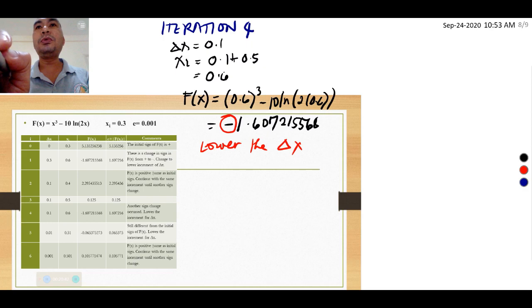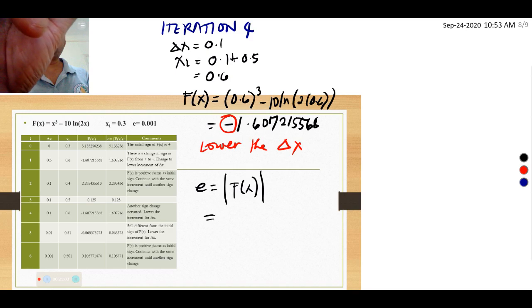Again, if we are asked to solve for the error, it would just be the absolute value of f of x, which will give you 1.60721556.